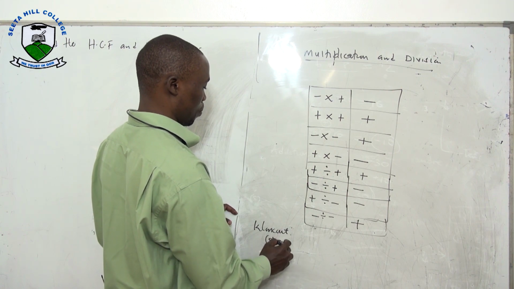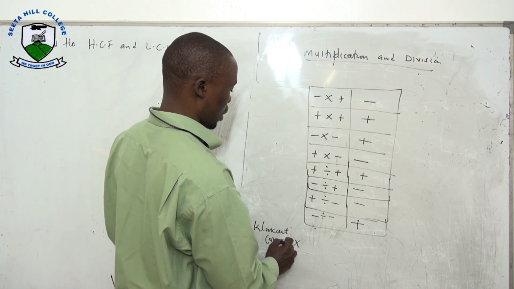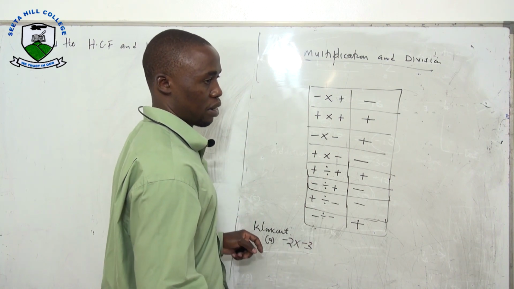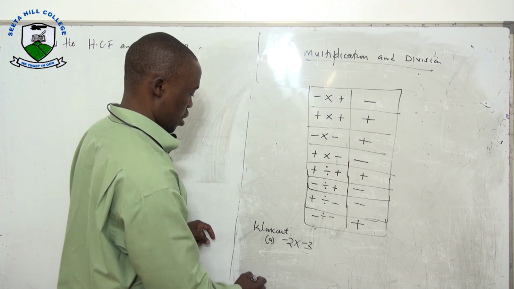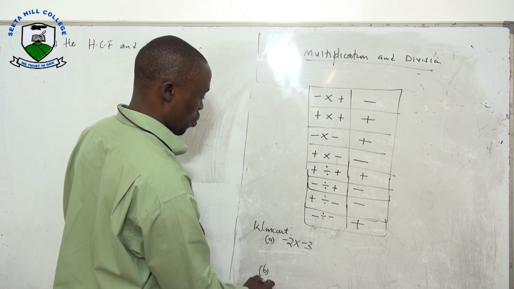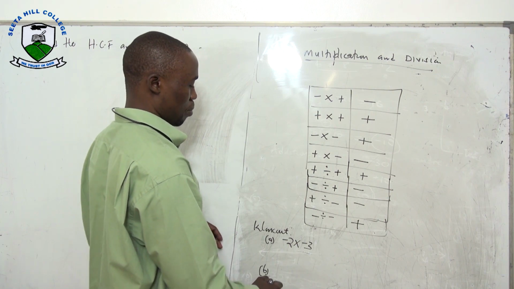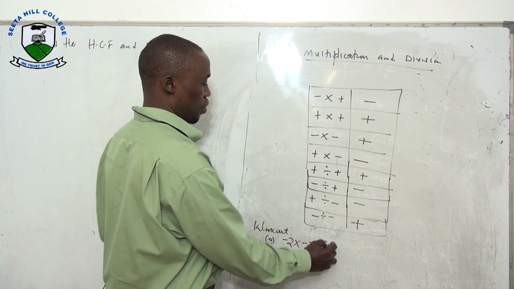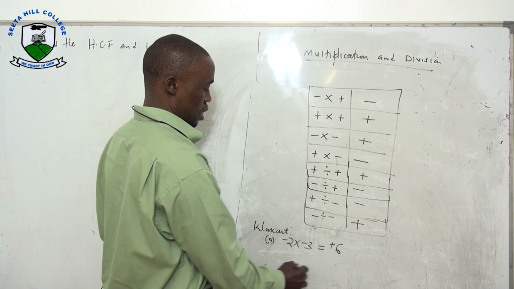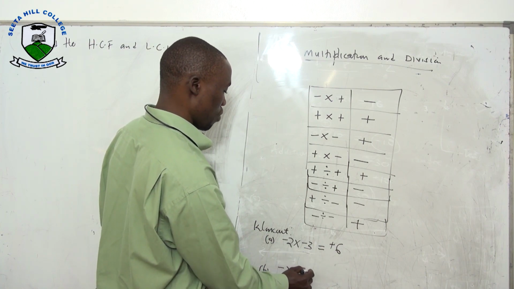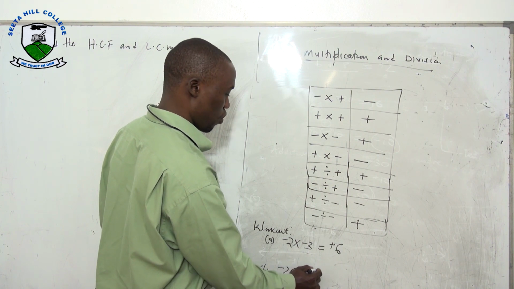I want 2 times negative 2 times negative 3. How do you arrive at the answer? It is a positive. Therefore you get positive 6. -20 divided by 4.